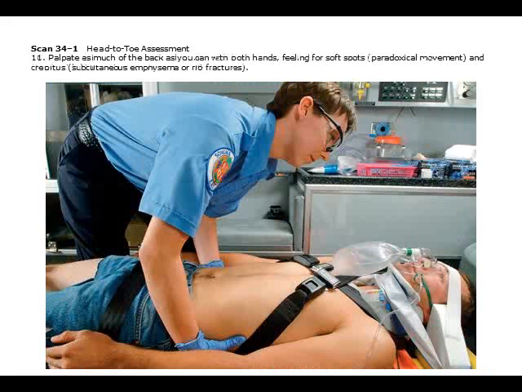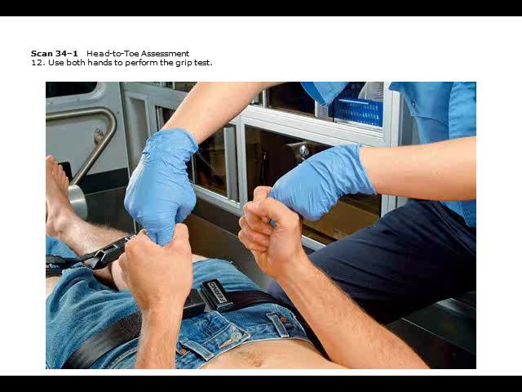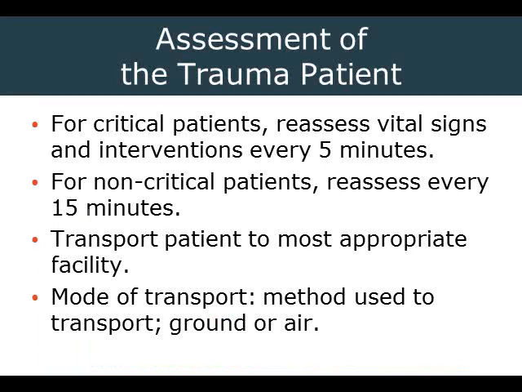Check cap refill. Palpate as much of the back as you can with both hands. Feel for any soft spots, any crepitus. Preferably, we did a nice formal, detailed evaluation of their back before we rolled them onto this backboard, because once we put them on the backboard, we no longer have that easily accessible for us. Okay, grip test, foot flexion test.